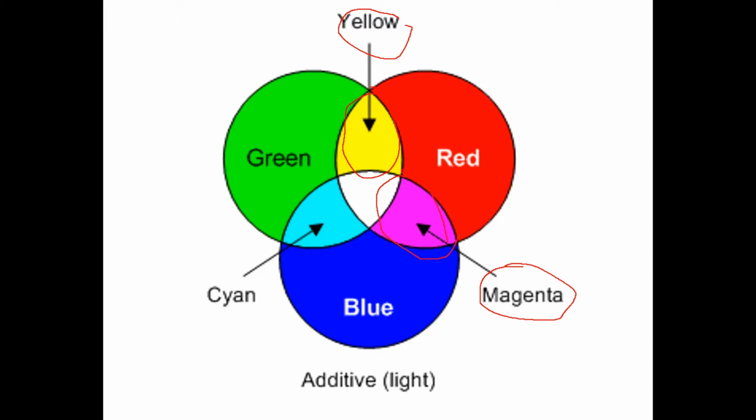If only the green and blue are active, they mix and form cyan. Remember the cyan bird from our last lecture? All other colors are combinations of the three primaries: red, green, and blue. Cyan, yellow, and magenta are the additive color secondaries.